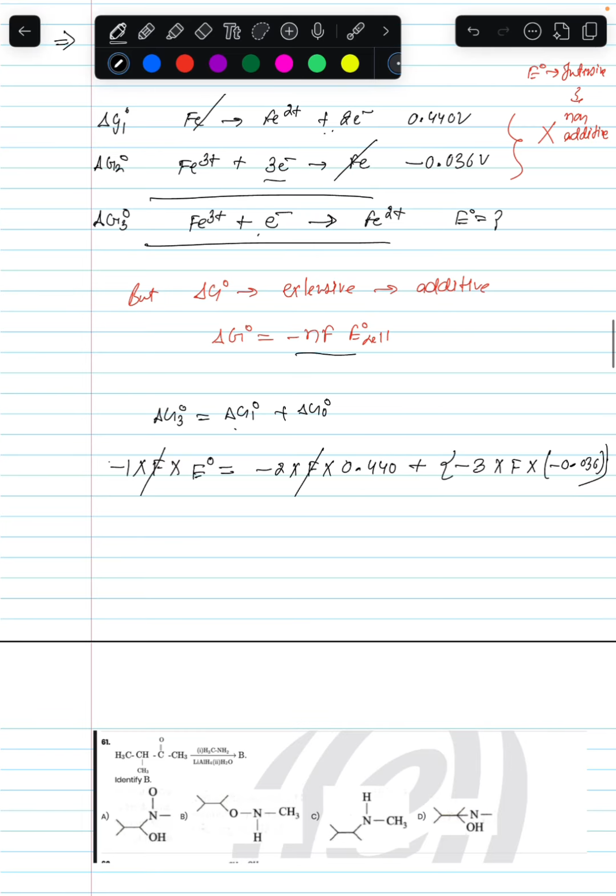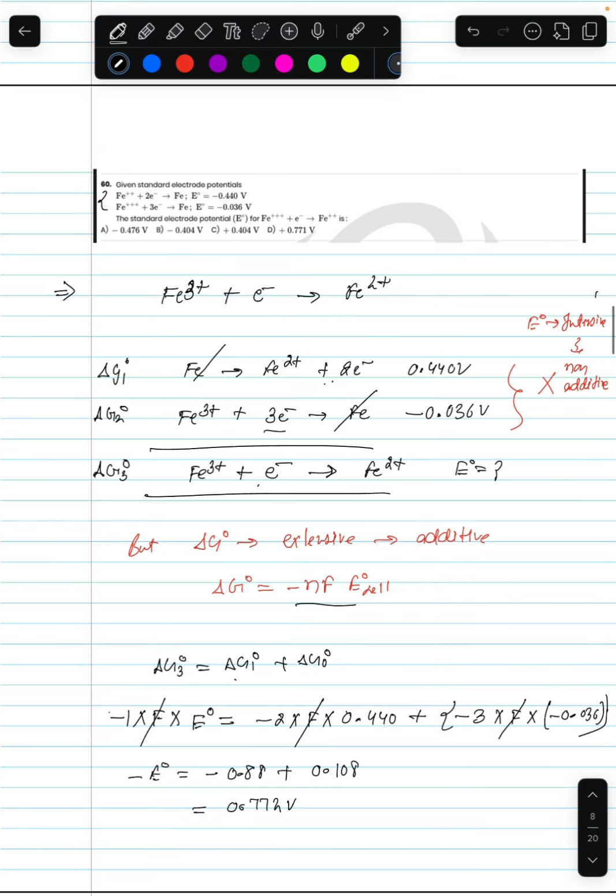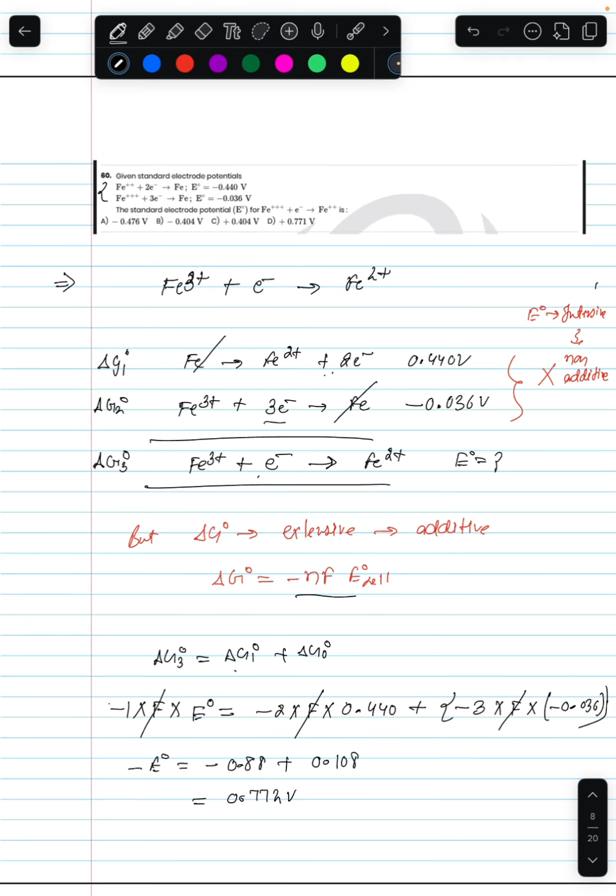So F cancels out, and minus E naught equals 0.88 plus 0.108. So that value is 0.772 volt. So the correct answer will be option D.